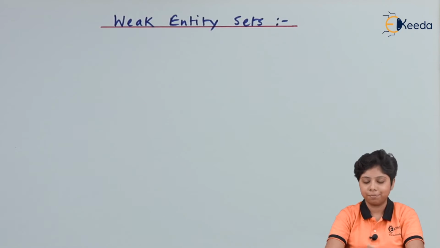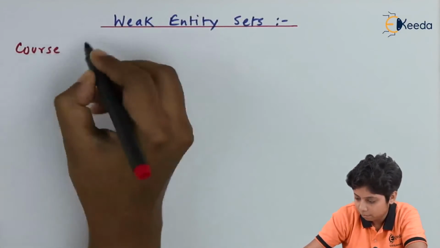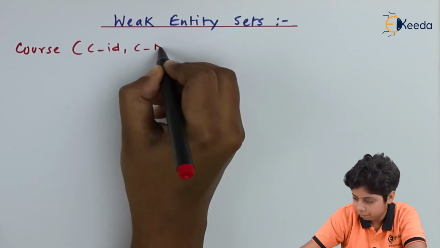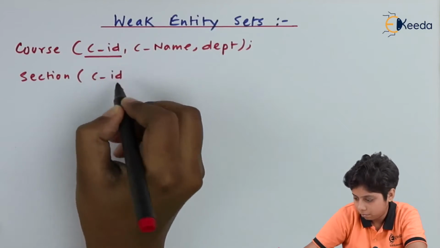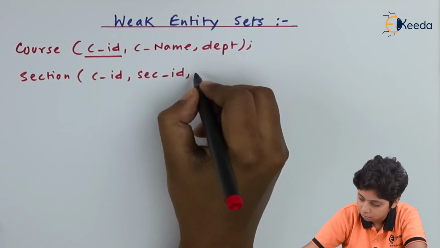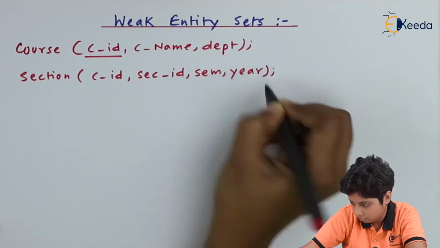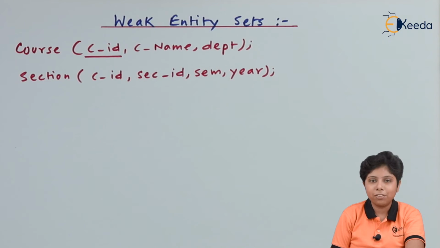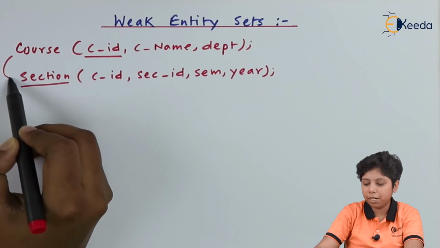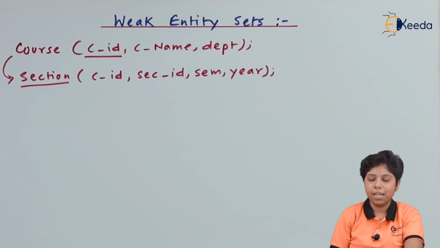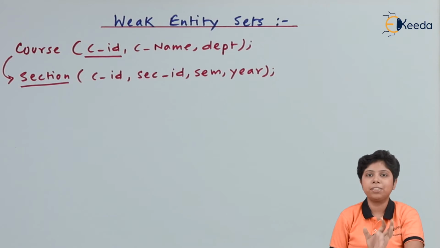Let's look at this. Now let's look at this relation. Obviously, section is a direct implementation of the course relation, as the course ID belongs to both of them, and a section is invalid without the course ID because a section is formed within a course.